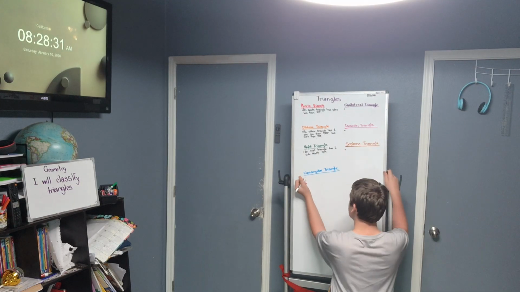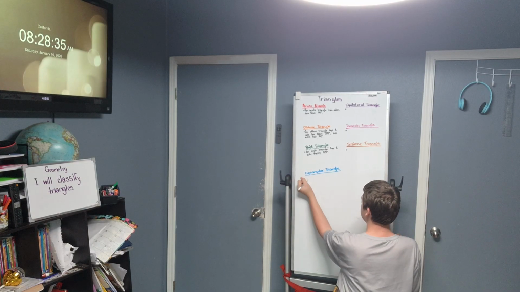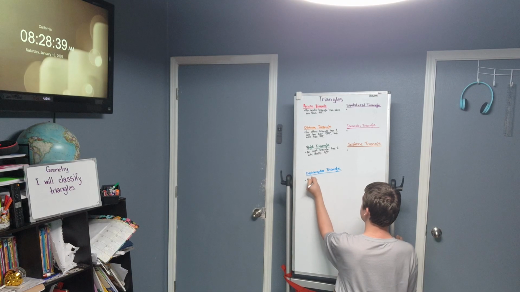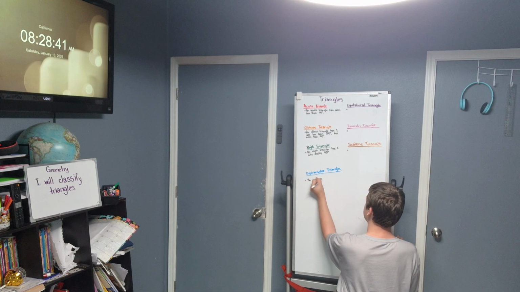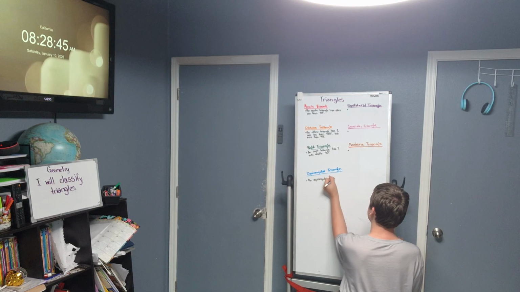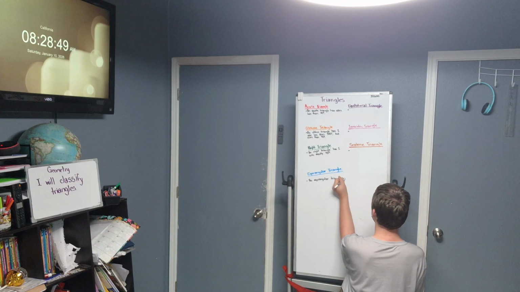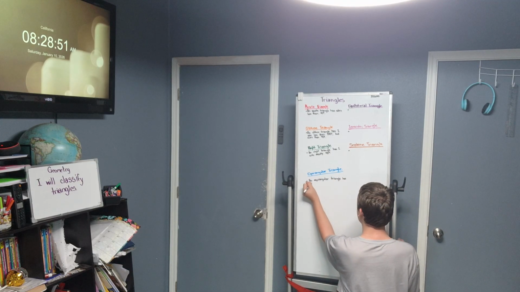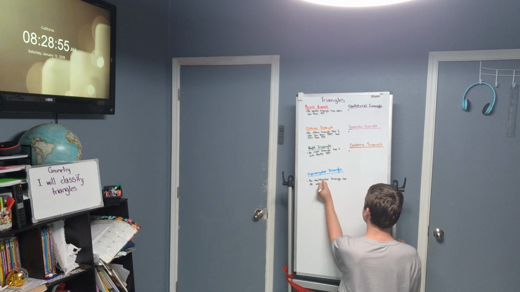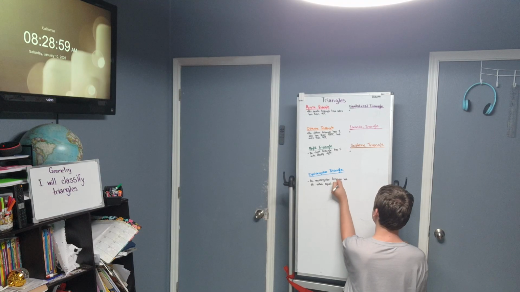So an equiangular triangle has all sides equal to 180 degrees.